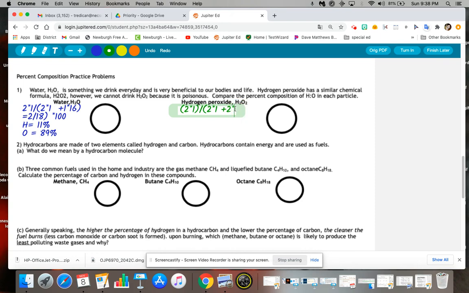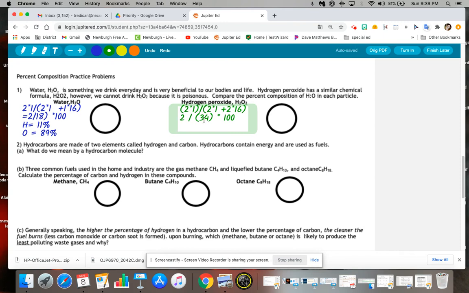And oxygen, as we said, has a mass of 16. That's going to change our whole. Hydrogen are still just 2, 2 times 1 is 2. Now I have 2 plus 32 for a total of 34. Now I take that whole amount and I multiply by 100.